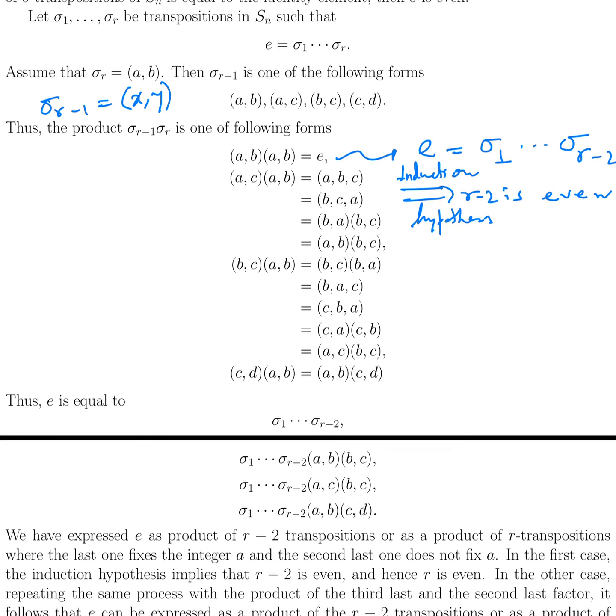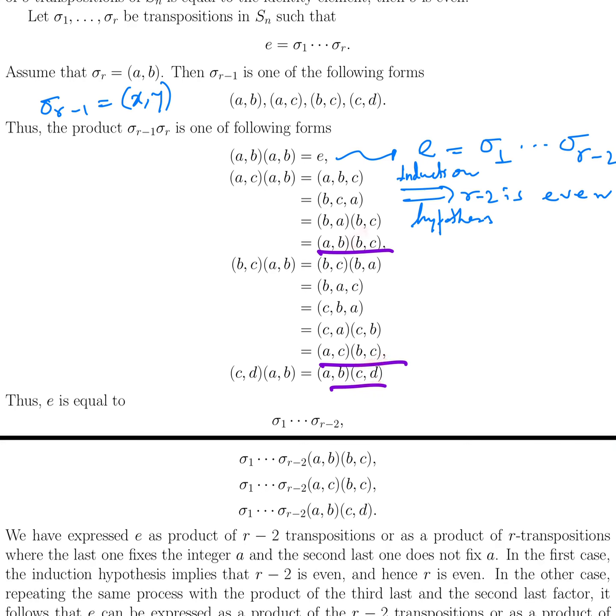Okay, so now let's look at the remaining three cases. In the remaining three cases, let me highlight. So this one, and then this one, and then this one. In the remaining three cases, this product turns out to be a comma b, or a comma whatever, I mean a comma b or a comma c or a comma b. So a comma something times some other transposition, this BC or CD here.